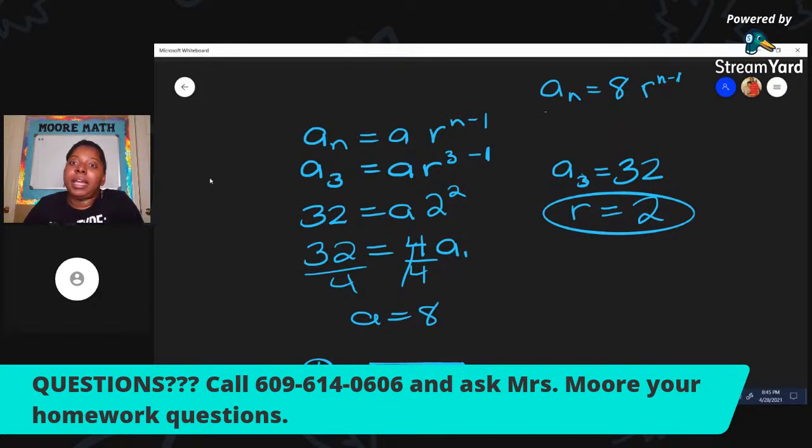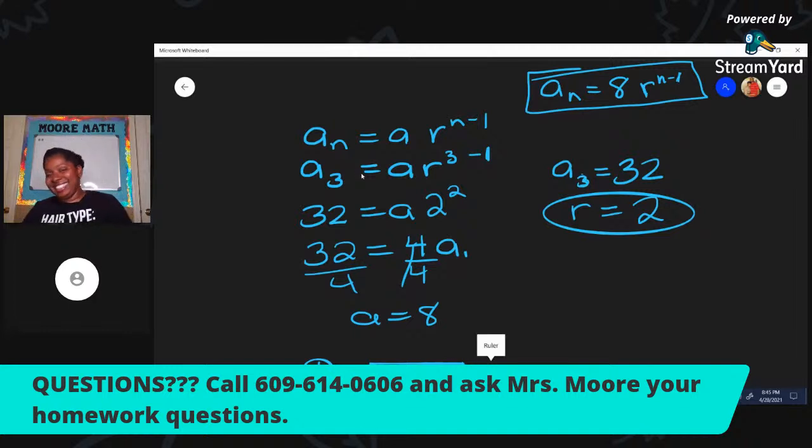Because if n is 3, we have 32 equals 8 times 2 squared. Okay? So that would be your rule. You get it? I didn't even think it was going to work out because I just made up a random number, but it did. Look at that.